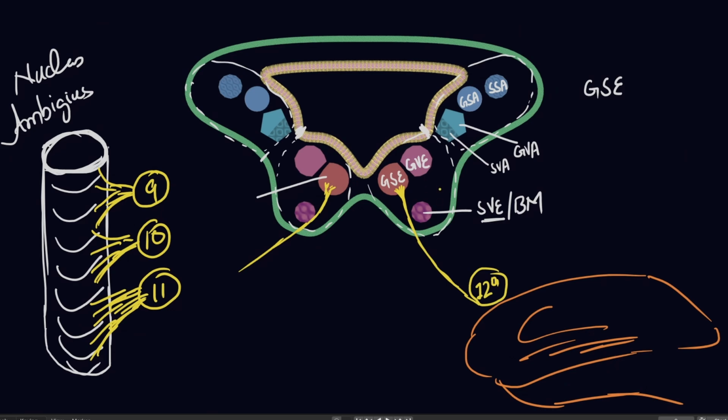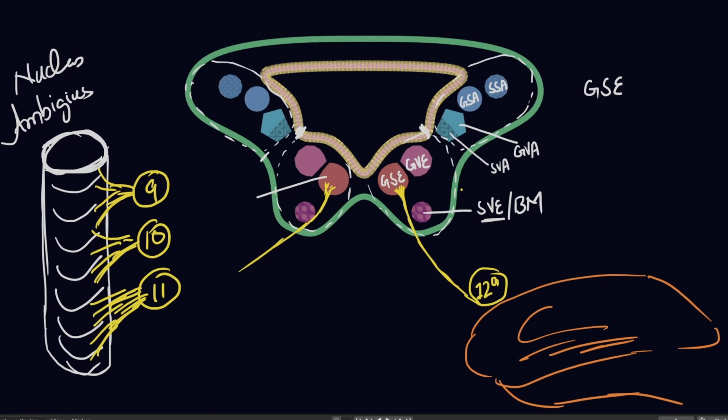Now this general visceral efferent mainly supplies the 10th cranial nerve, and along with that some fibers to the 9th cranial nerve. So basically it's mainly the nucleus of the 10th cranial nerve, which is the vagus nerve, and it is supplying the visceral efferent fibers, I mean the parasympathetic efferent fibers, the autonomic fibers, to different viscera of your body.